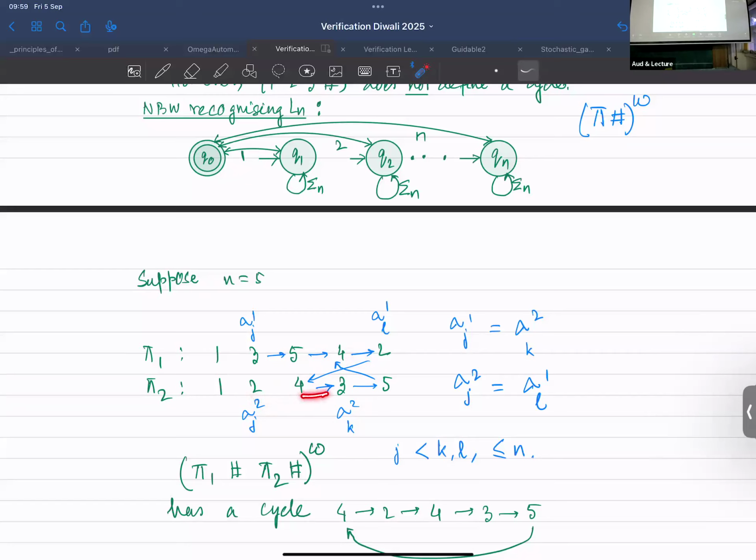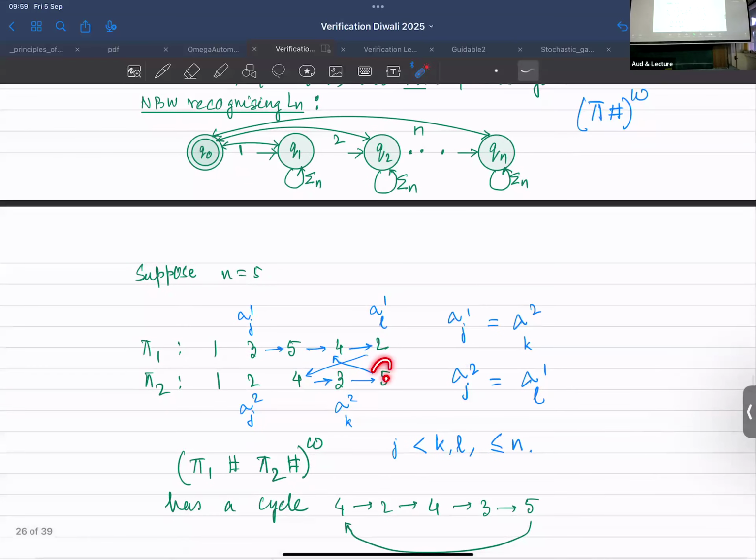And then again, 4 to 3, 3 to 5, and this 5 here is the same as the 5 here. So essentially what I'm saying is that because the 3 here is the same as this 3, I can now directly go from here to this. Rather than drawing it this way, I should have drawn it like this.